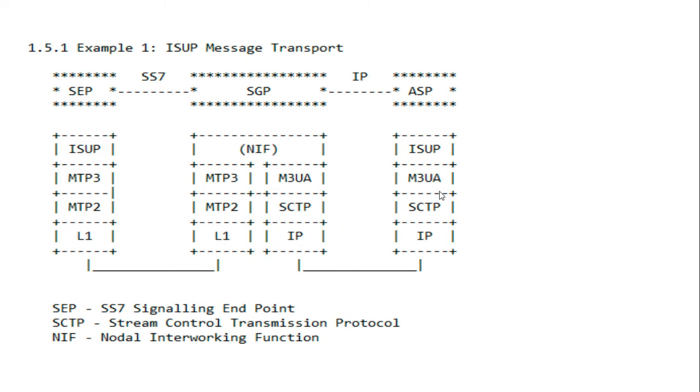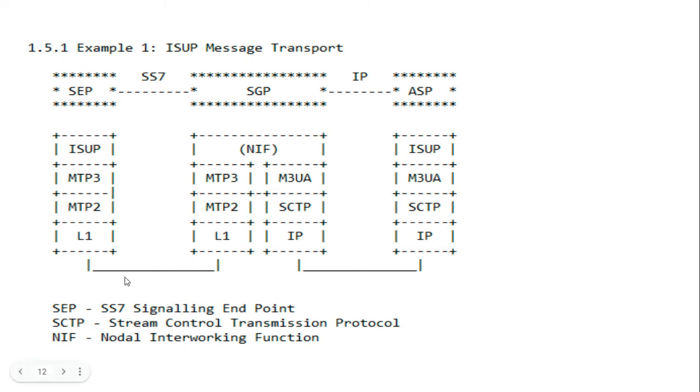Then M3UA, MTP layer 3, which you have already built in your application, with ISUP over that. So the SCTP association happens between the signaling gateway and your application, and this is SIGTRAN communication over IP. Here you have another endpoint, which is the signaling endpoint at the operator end.